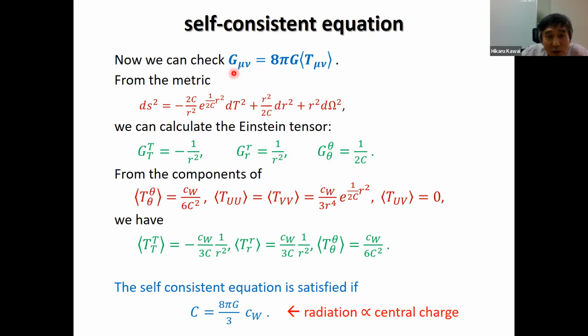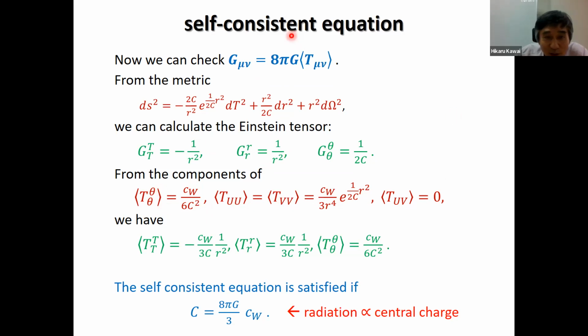So this is the result for the left-hand side. For this metric, the Einstein tensors are given by this. And we have calculated the energy momentum tensor under this metric by using the four-dimensional Weyl anomaly. The result was this. T theta theta was C_W over 6C squared, and T_UU and T_VV are written like this, and T_UV is 0.